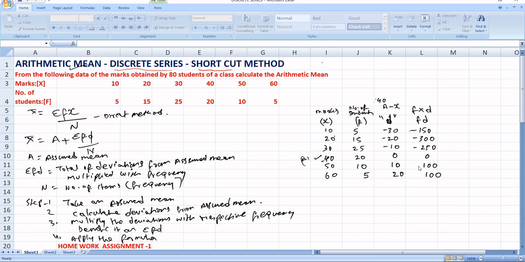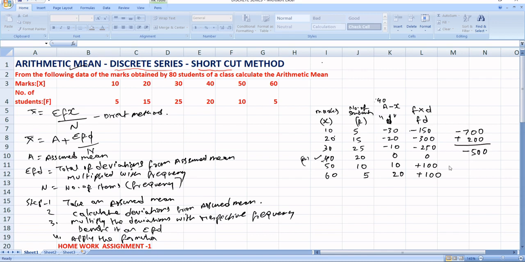There is no need to use the plus mark, but to understand better I will use the plus symbol. The pluses total to 200. And when you add up all minuses, 150 plus 300 is 450, plus 250 is 700. Minuses are 700, more than pluses, so the difference is minus 500.